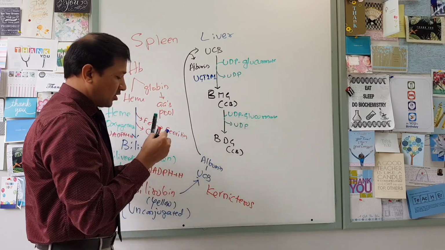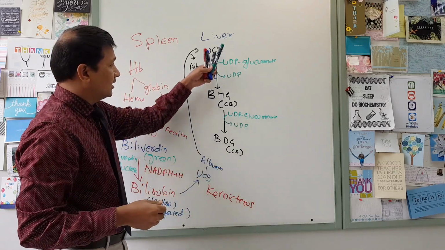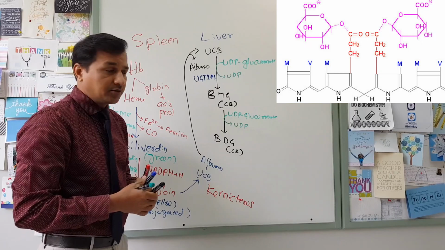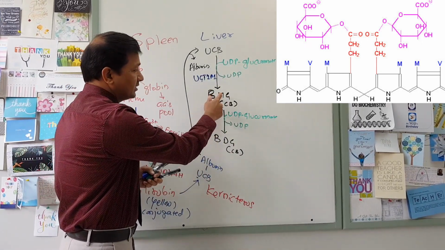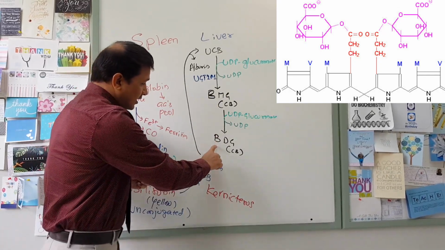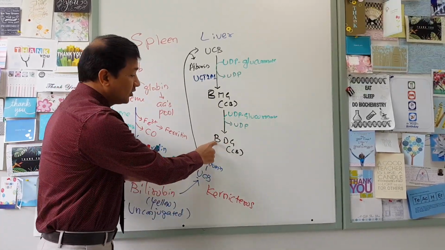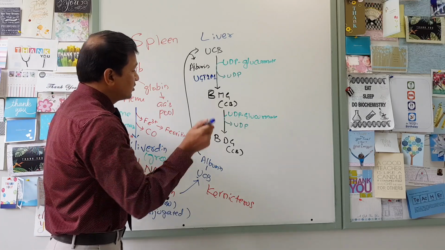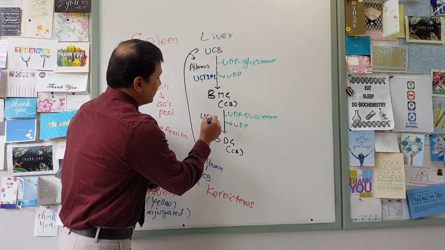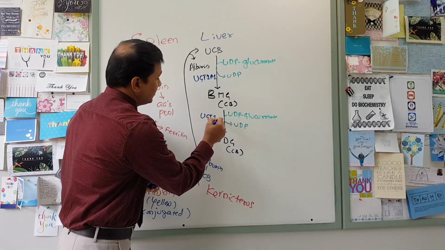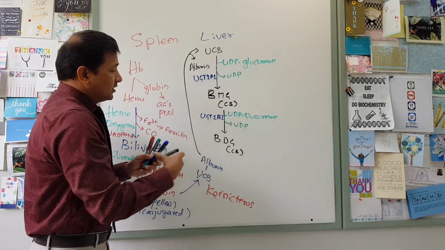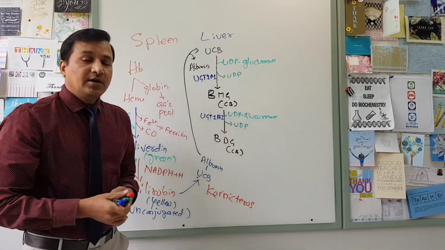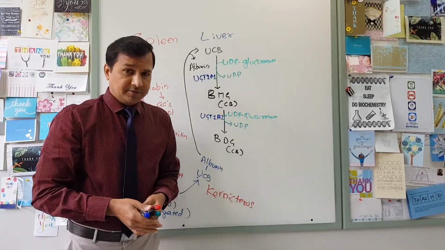So basically you are conjugating unconjugated bilirubin into conjugated bilirubin by adding two glucuronate molecules. One glucuronate, bilirubin monoglucuronide, second molecule of glucuronate, bilirubin diglucuronide, and the job is again done by the same enzyme, UDP glucuronosyl transferase 1A1 enzyme. Okay, now this is the conjugated bilirubin, which is water soluble bilirubin.